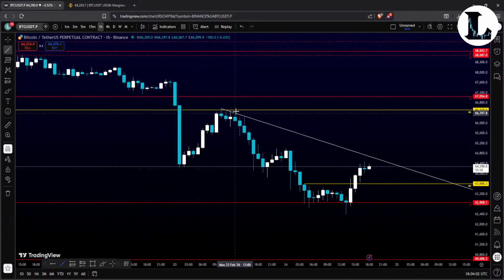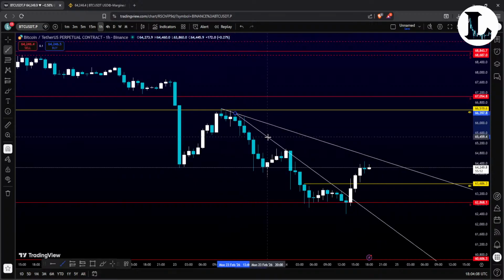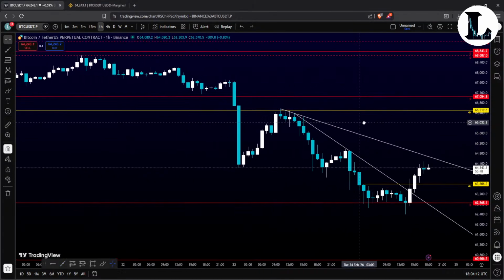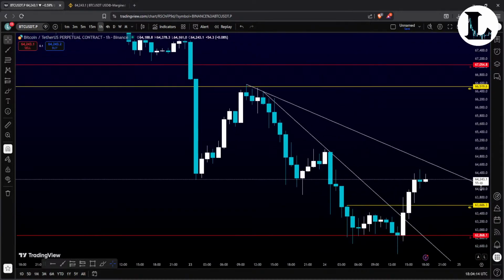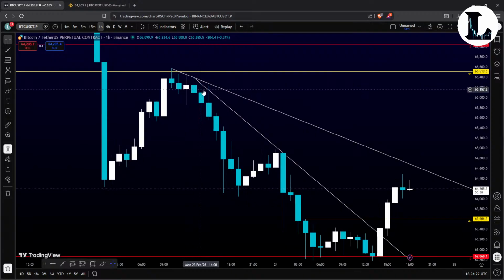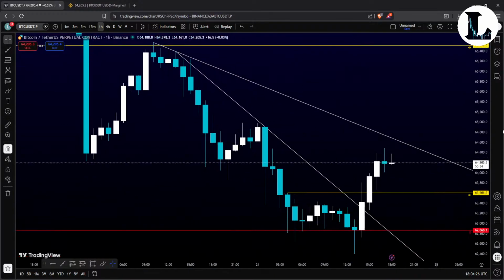So what I did here was just following the trend. So we mark the second point, and we are going to mark another one here. And you can see also here that we have 3 points. We have the first one here, the second one here, because this candle here doesn't test, and the third point here, so we are breaking on the 4 hour.